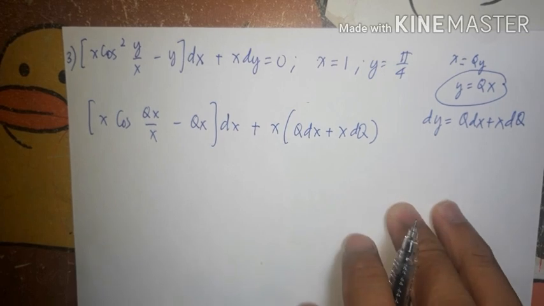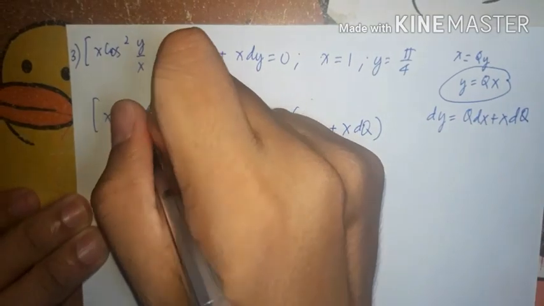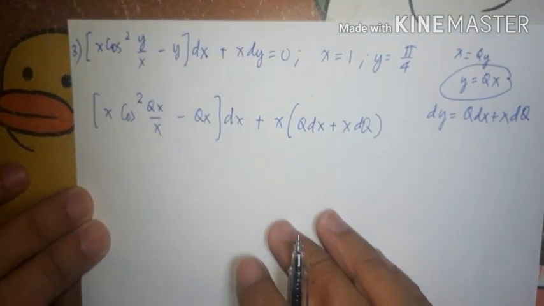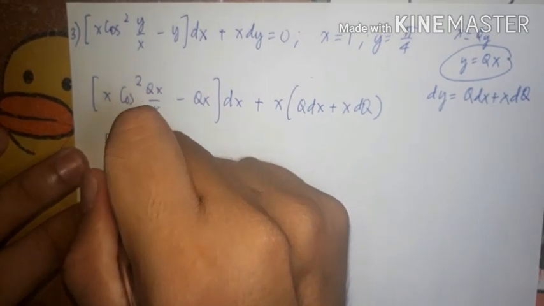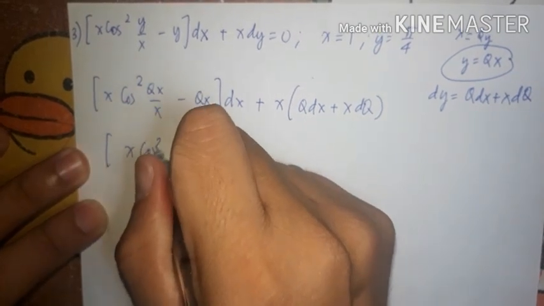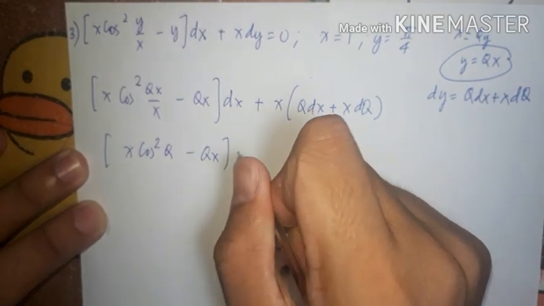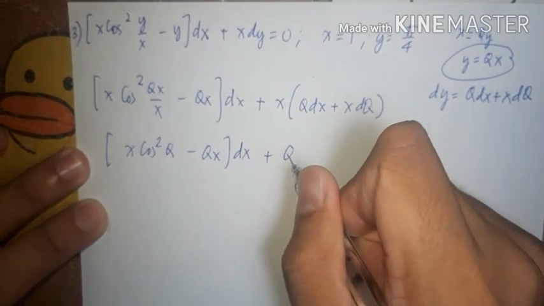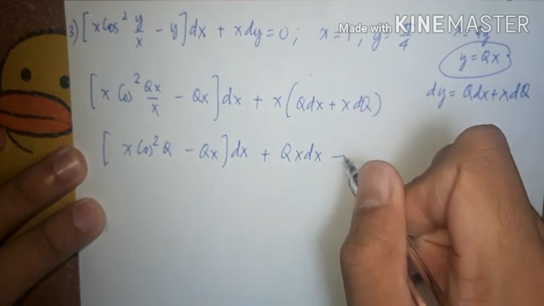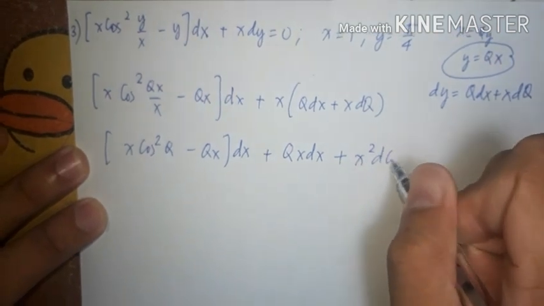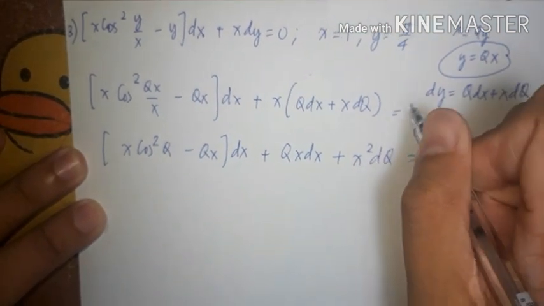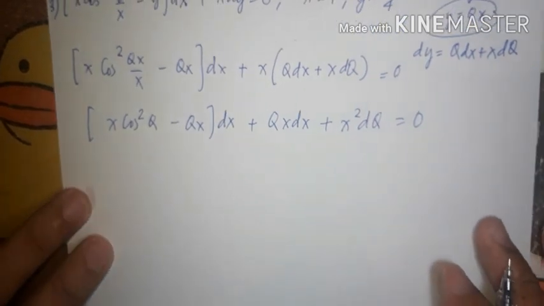Oh, sorry. This should be cosine squared pala. I forgot the exponent too. So, this gives you x cosine squared q minus qx dx plus qx dx plus x squared dq. Of course, it's equal to 0.